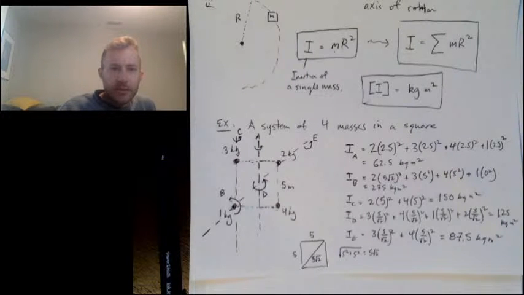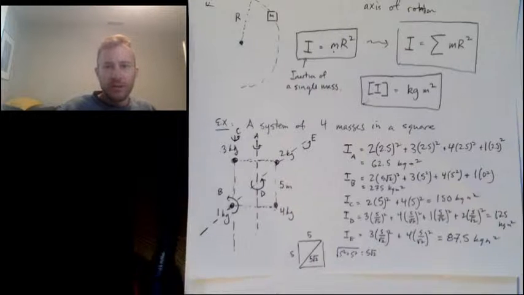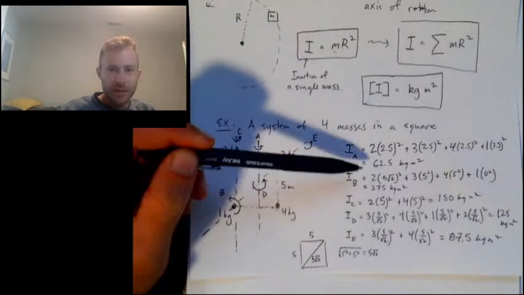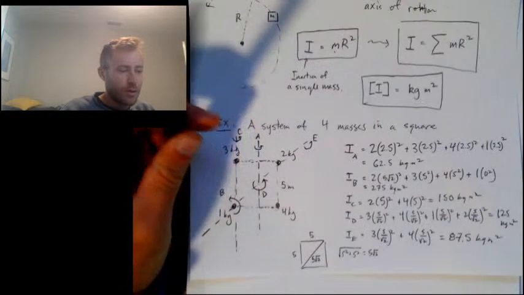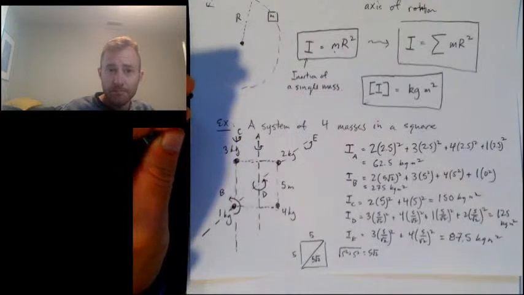Excellent. Yeah, axis A. The reason is that out of these 5, it has the smallest rotational inertia.